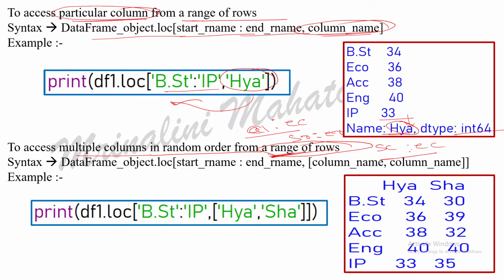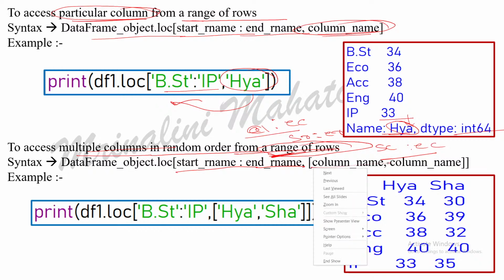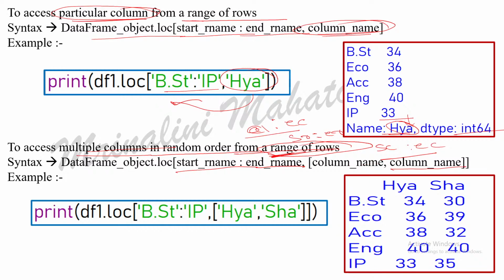Here, to access multiple columns in random order for a range of rows: start row name to end row name, comma, then the multiple columns in random order go in another list, column name, comma, another column name. It is a list because multiple data is there. So we use another list.